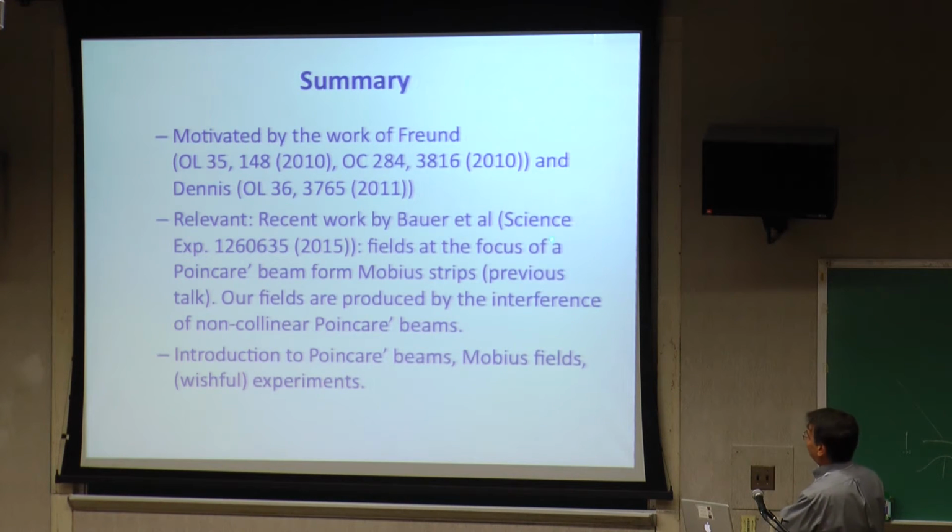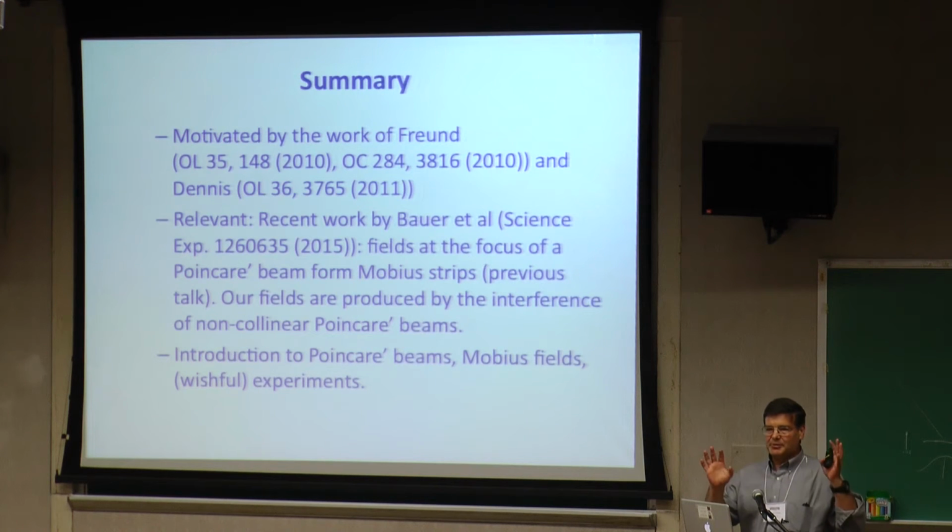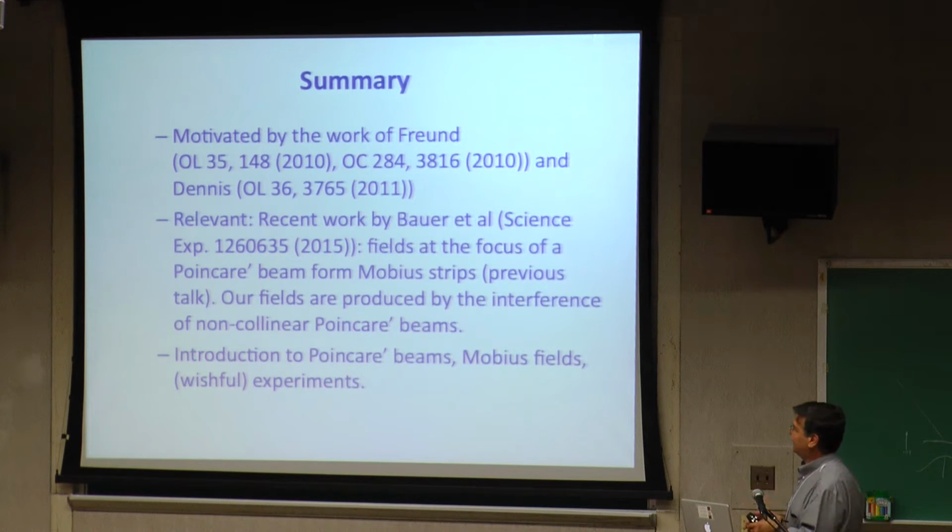And of course we have this recent work by the group with Ibrahim and the connection with Ottawa and Germany and also Italy. In that work, the idea is to prepare one of these Poincaré beams and focus it down, and then there's a Möbius structure in the polarization of the light.